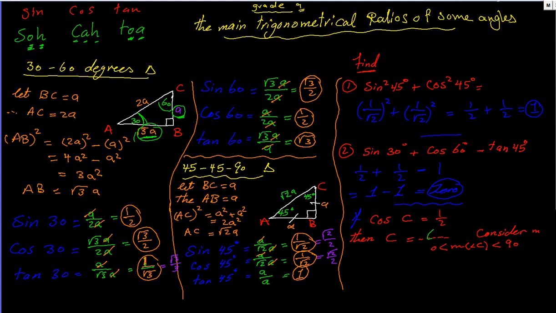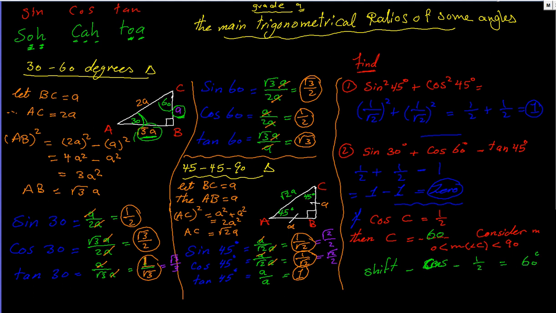And you can use your calculator. Just use these steps: Shift, then cosine, then 1 over 2, and then equal, you will get 60 degrees.